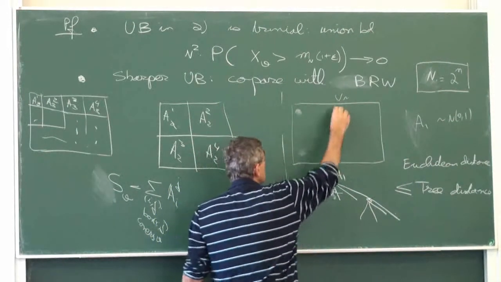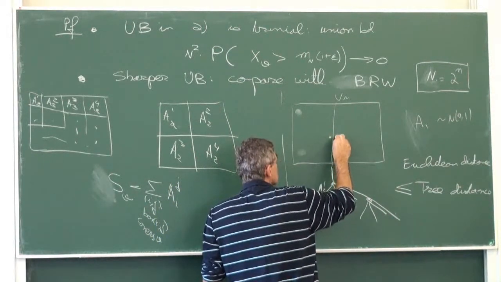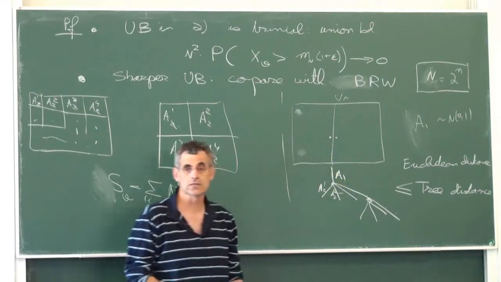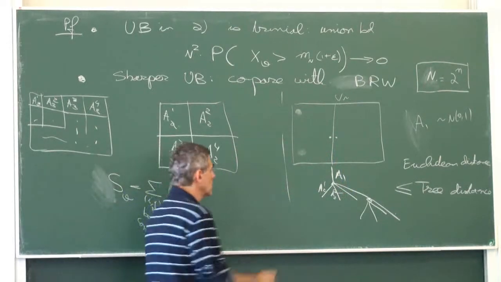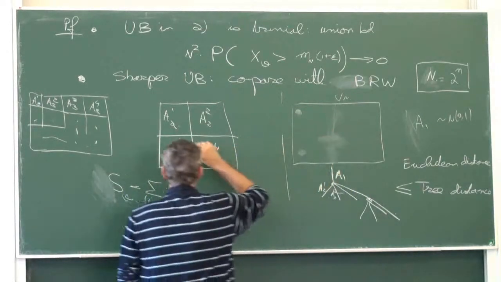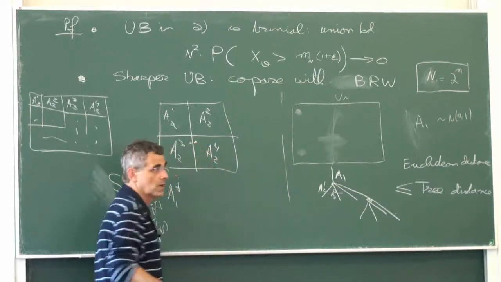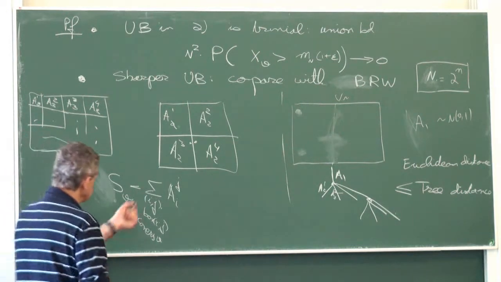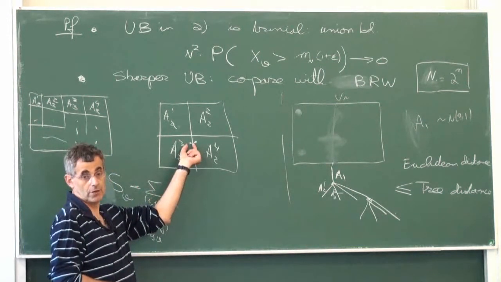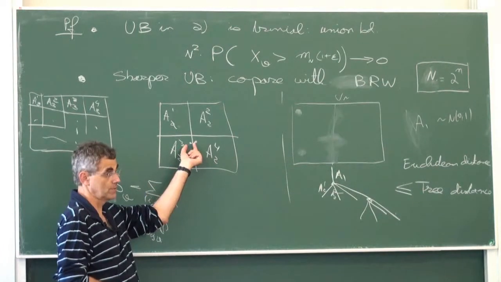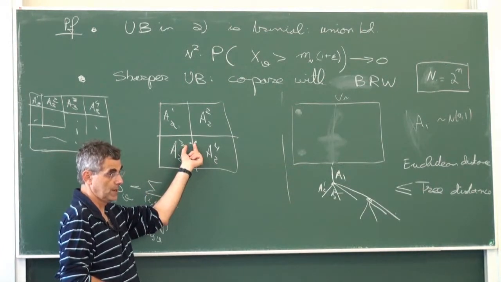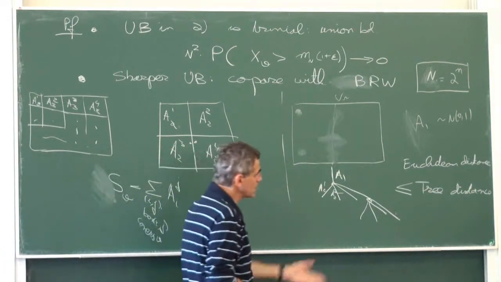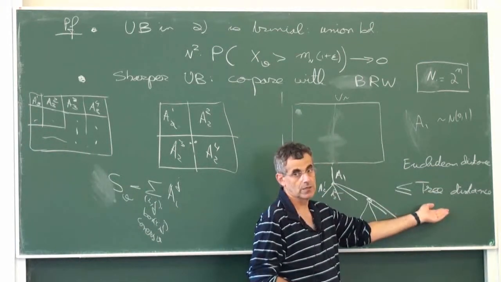Why? Because if you take 2 points here that are very close in Euclidean distance, but they are very far on the tree because I've split on the first generation. So this means that we have a direct comparison between the distances.